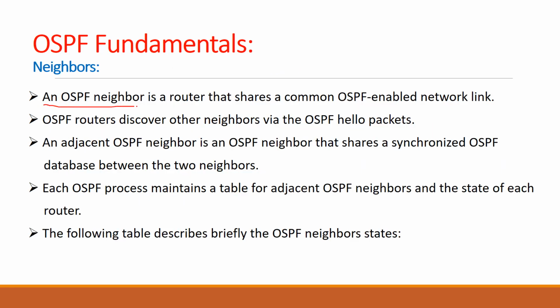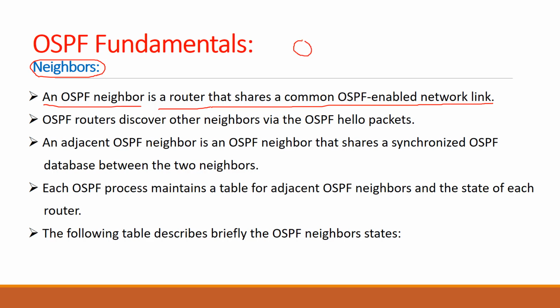An OSPF neighbor. Let's discuss the neighbors and the types of neighbors. An OSPF neighbor is a router. There are no types of neighbors. They are OSPF neighbors. So an OSPF neighbor is a router that shares a common OSPF-enabled network link.